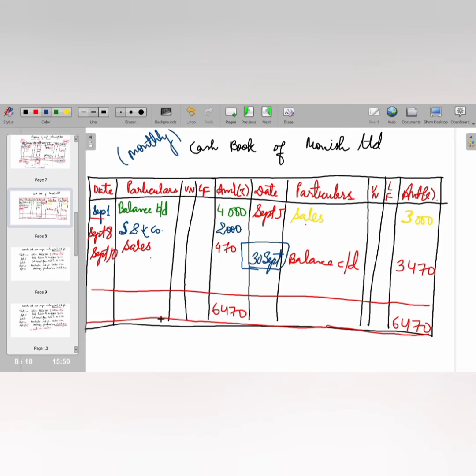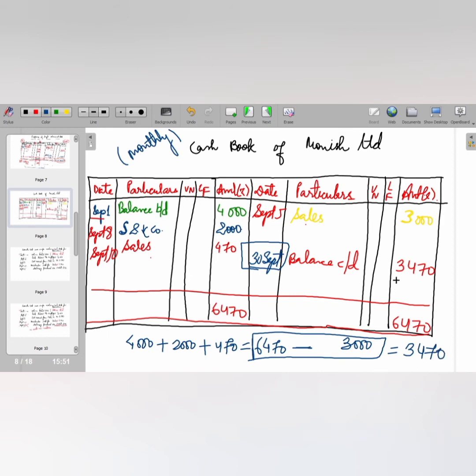The imbalance. The receipt side is 4,000 plus 2,000 plus 470. What is the total? 6,470. In the credit side, we see only 3,000. So this will be deducted from 6,470. What amount will come? 3,470.